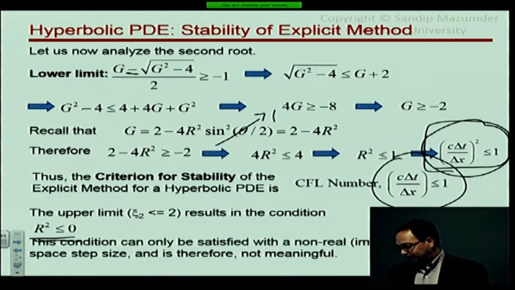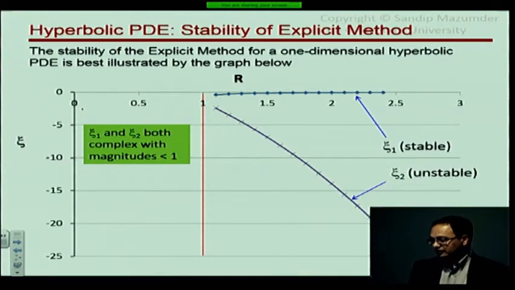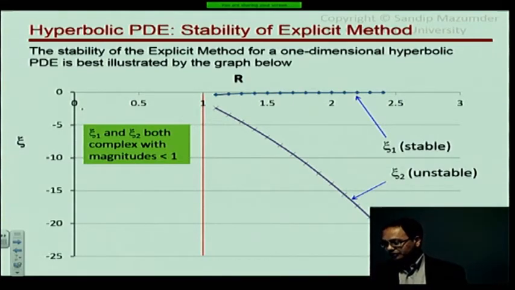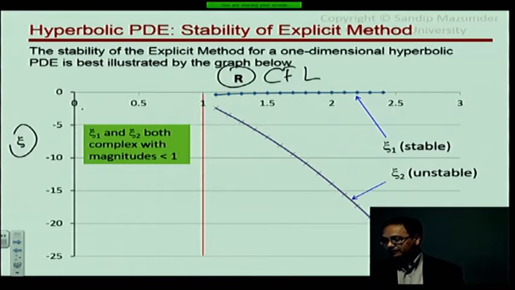So our criterion for stability, this is just a summary of what we found. Okay? So I'm plotting R, which is our CFL number, versus xi on this axis. So basically what we are finding is that when R is less than 1, then both xi1 and xi2 are complex with magnitudes less than or equal to 1.